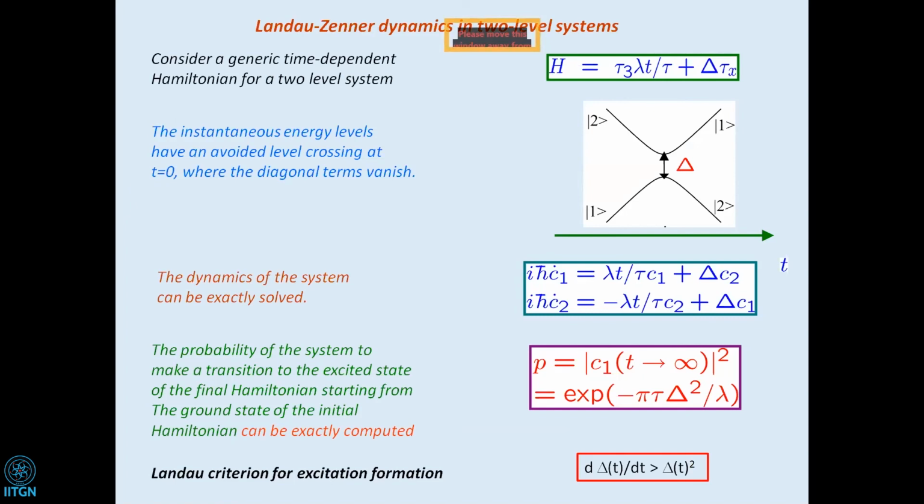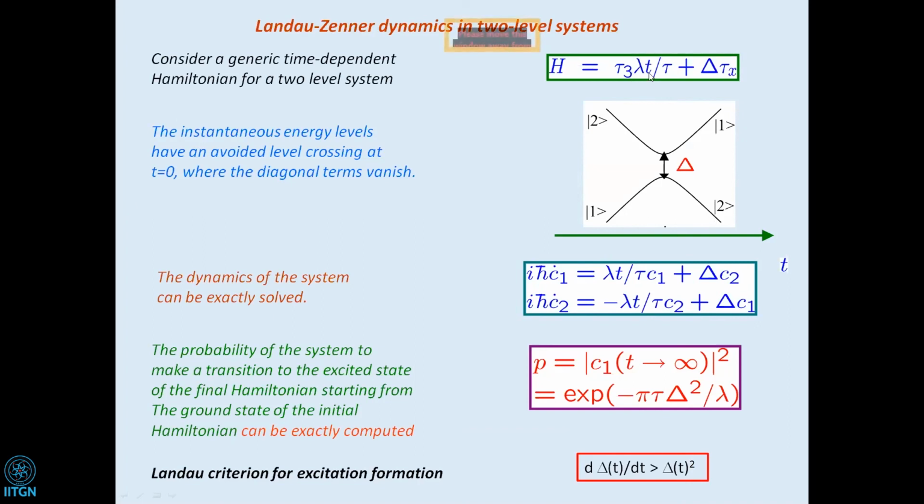So when it comes to non-equilibrium dynamics of quantum systems, the typical model that you study, and this is a basic quantum mechanics model, is the two-level system. Okay, so you can think of it as two magnetic fields, one in the z direction and one in the x direction for a spin, and the magnetic field in the z direction is made linearly dependent on time. So here are the instantaneous energy levels.